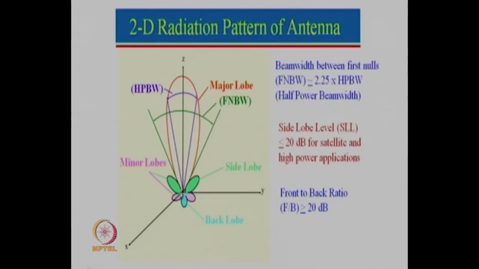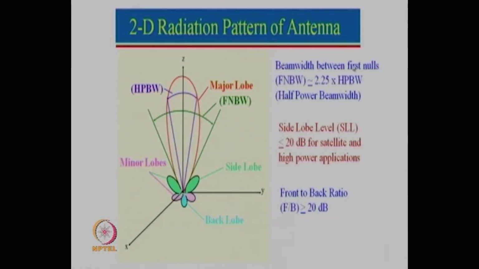After the main beam there is a side lobe coming up, but in between there is a null. So we have a null here and null here. So the angular distance between the two is defined by first null beam width. So there is a simple relation between the half power beam width and first null beam width.